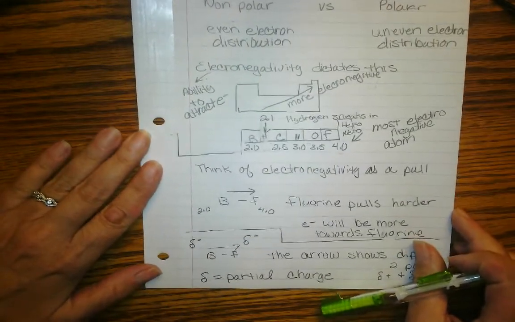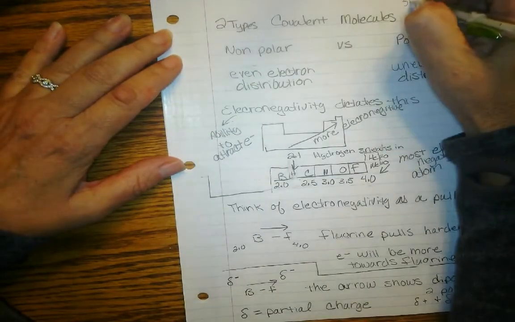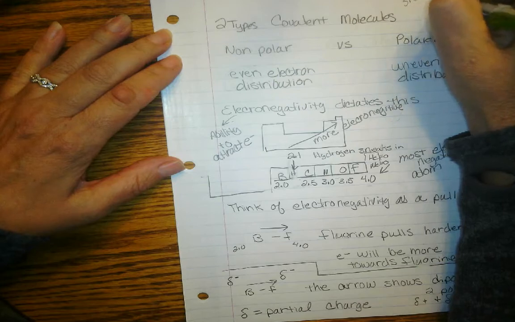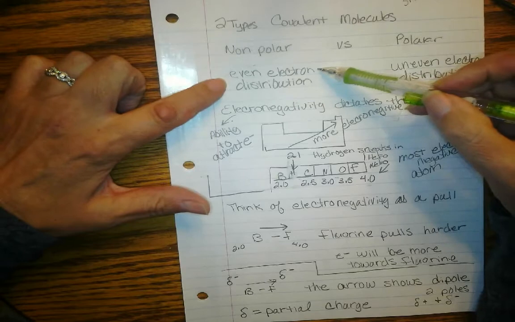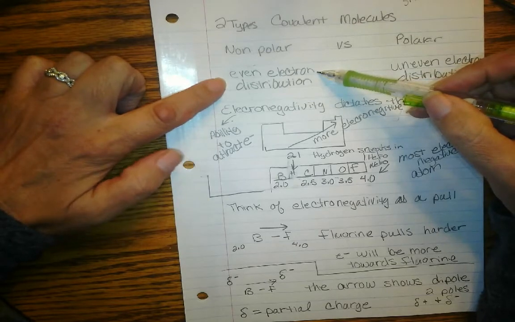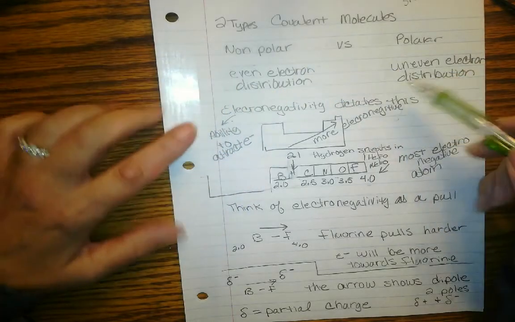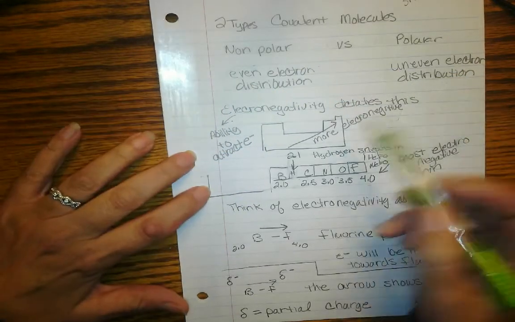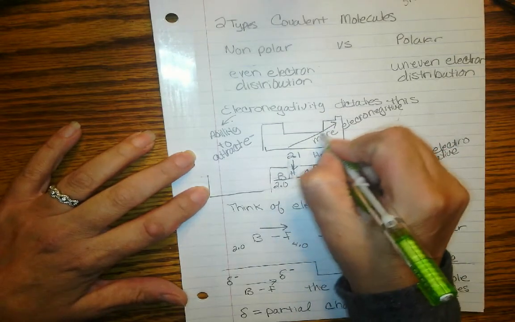So there are 2 types of covalent, or the sharing molecules. Okay, we have polar and nonpolar. Nonpolar has even electron distribution. That means the electronegativities are so similar that they're not pulling the electrons towards one side. So remember, electronegativity dictates this trend, and our trend goes this way.